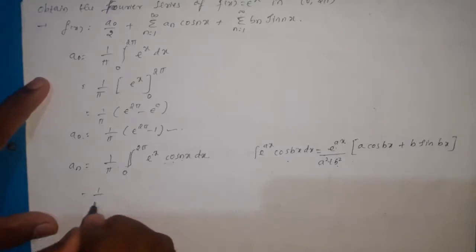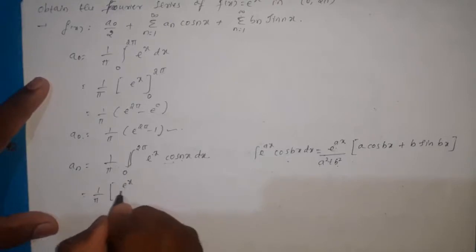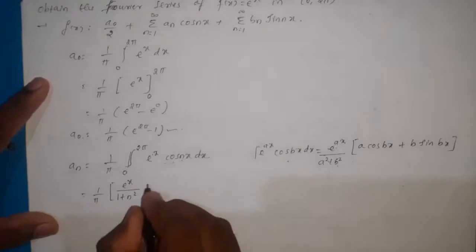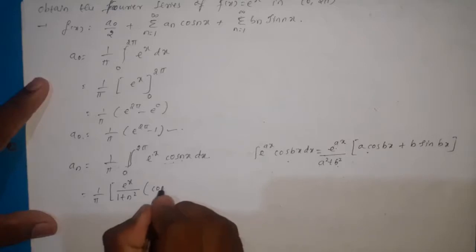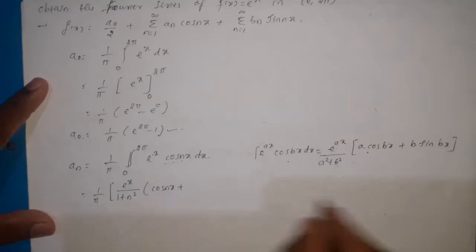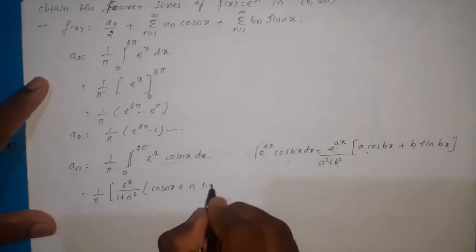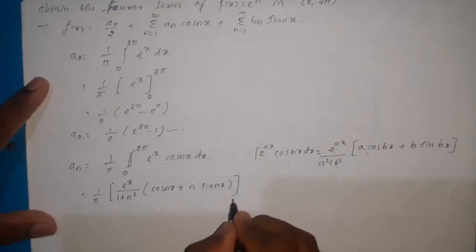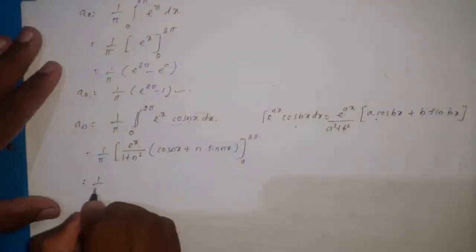Therefore 1 by pi into e power x divided by a square, which is 1, plus b square, which is n square, into a cos bx, that is cos nx, plus b sin bx, and b is equal to n, so n sin nx, from 0 to 2 pi.